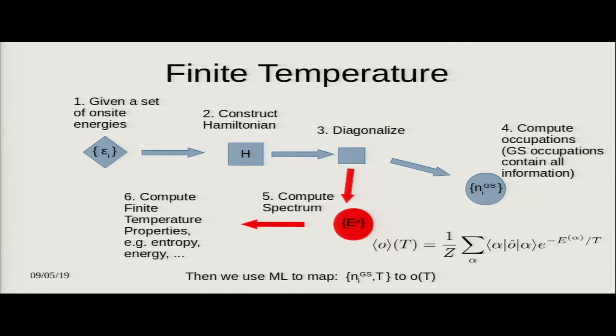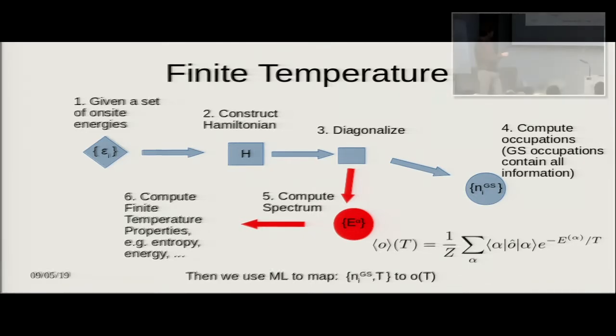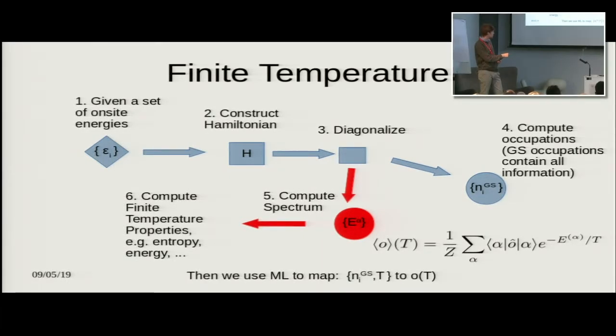This time, instead of computing the universal function, we get the entire spectrum, and then we can write any operator as a function of t as a sum over the eigenstates of the expectation of the operator times the Boltzmann factor.